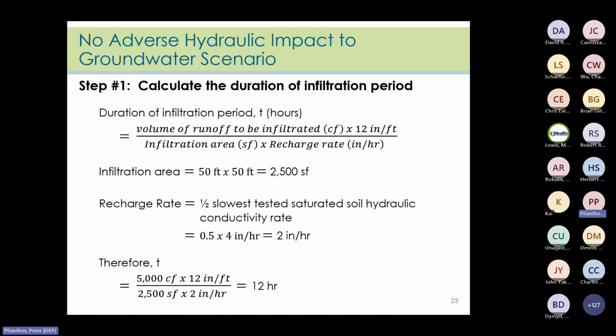Also, remember that the recharge rate is 1/2 of the slowest tested saturated soil hydraulic conductivity rate from soil testing. Therefore, the duration of infiltration period is calculated to be 12 hours.